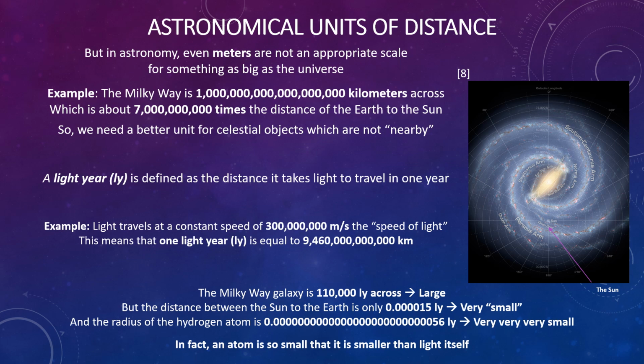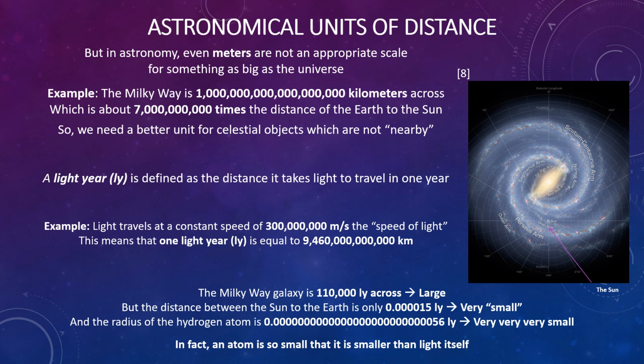And yet the Milky Way is 110,000 light years across. And so we think of that as a large distance. But the distance between the Earth and the Sun in light years is much smaller. And then the radius of the hydrogen atoms in light years is so small that it's almost meaningless.